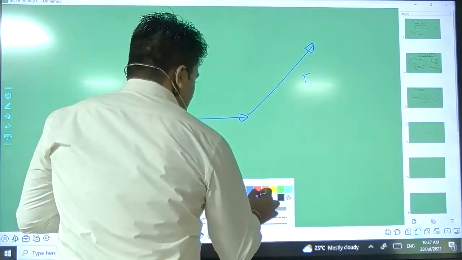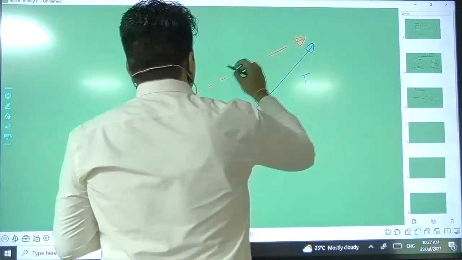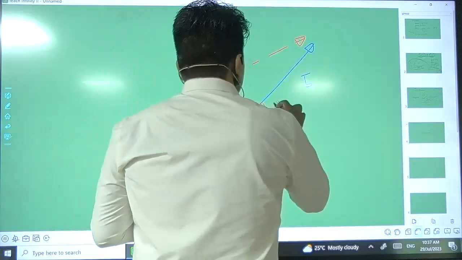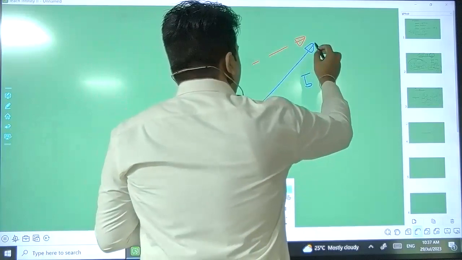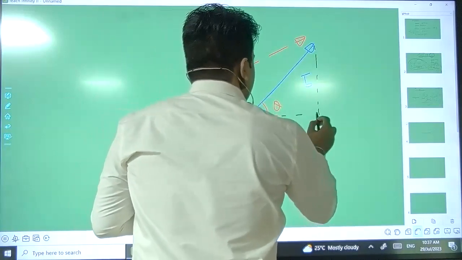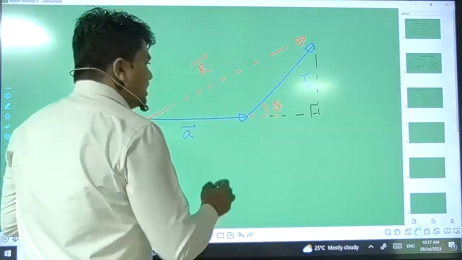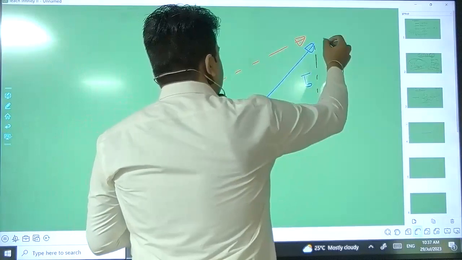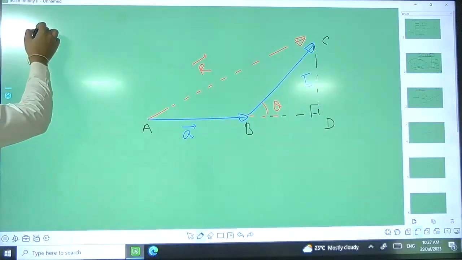Now we are drawing a simple triangle, and this is our resultant vector. This is angle theta. We draw a perpendicular from that particular point, and this angle is 90 degrees. Suppose we have marked points A, B, C, and D in triangle BCD.